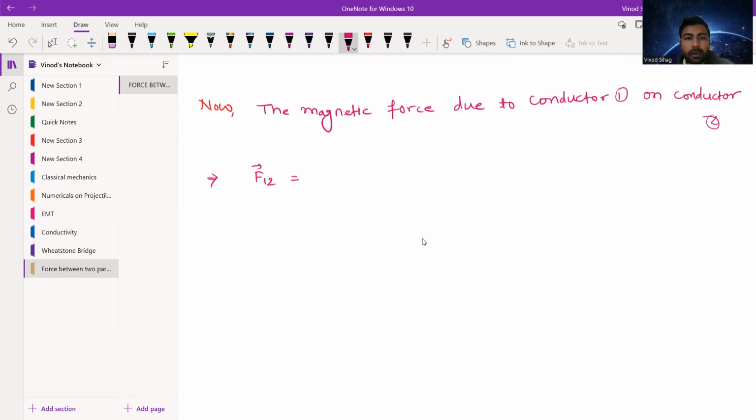Now that will be basically as per the one formula we know, that is ILB.